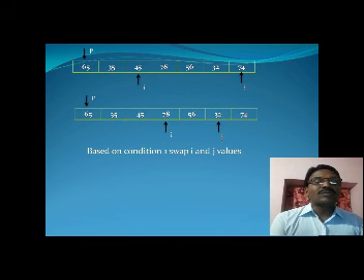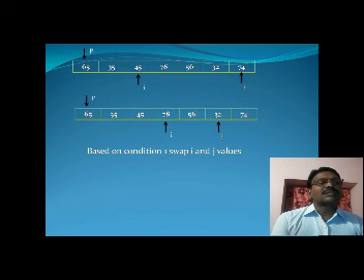Now i is representing 32 and j is representing 78. Now both conditions are true, so i plus plus, i is representing 56, and j decrements, so that is representing 56.